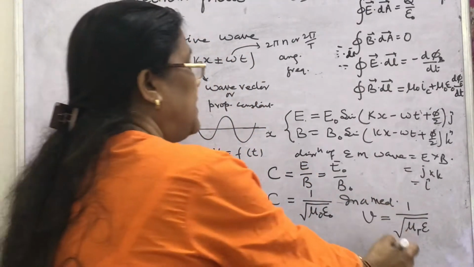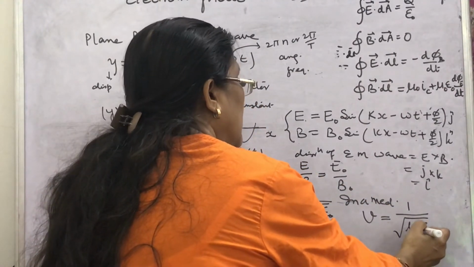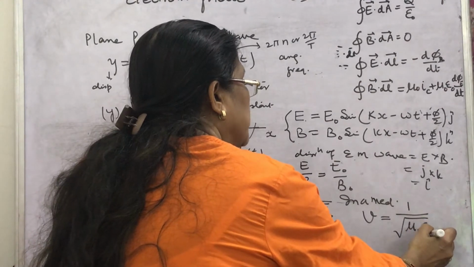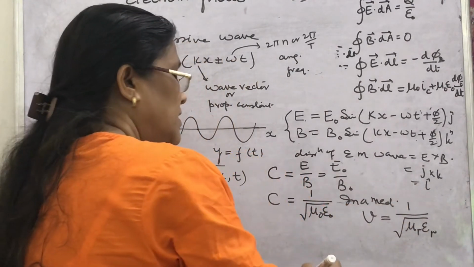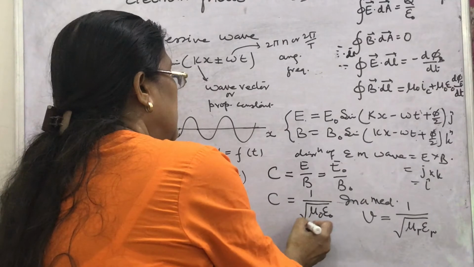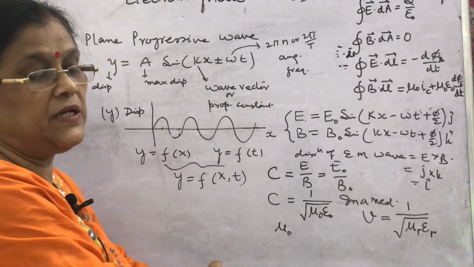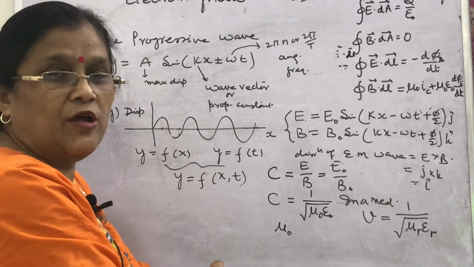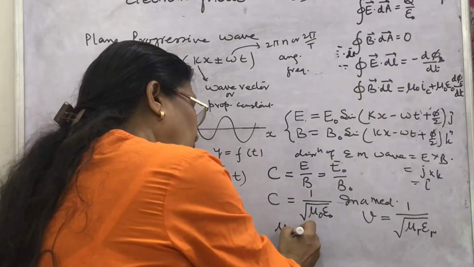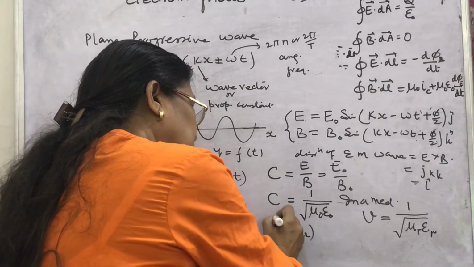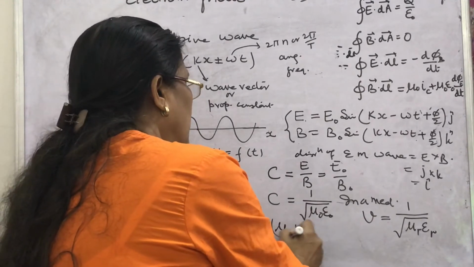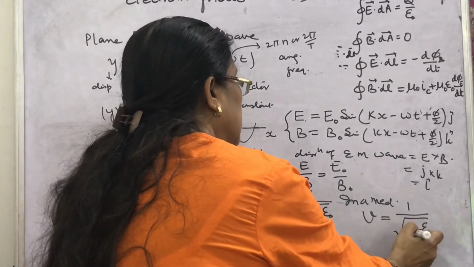What is the meaning of this? You can write mu r and epsilon r. Mu naught is the permeability of free space, but if you write mu naught into mu r, then this is the value.